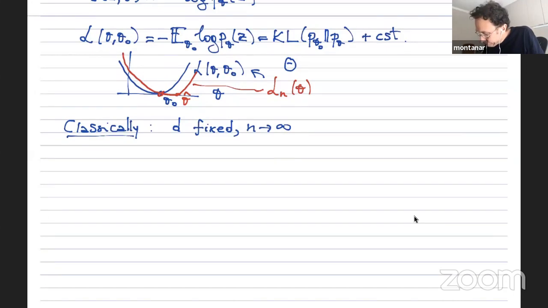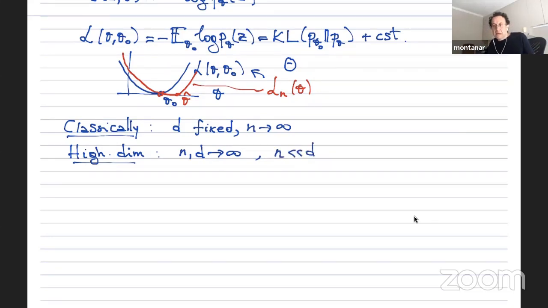Over the last 10 to 20 years, people have been very interested in high-dimensional statistics. This is a set of problems in which both n and d go to infinity, but often, in fact, n is much smaller than the dimension. So it is kind of surprising that you can infer or estimate a parameter vector with d entries with a sample size that is smaller than d.